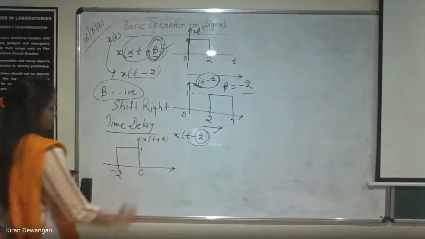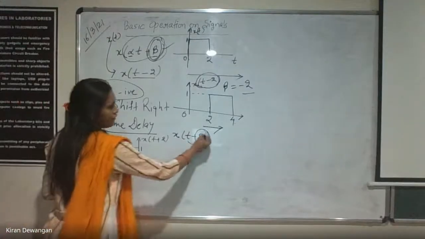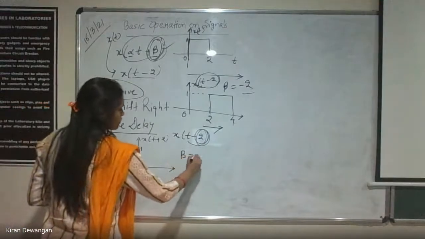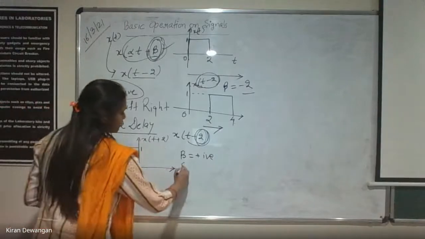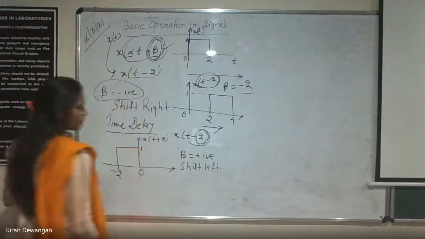When this beta value is 2, that is positive, it will shift left.